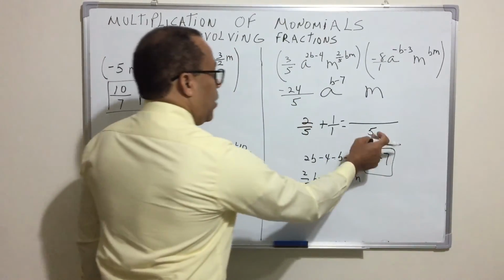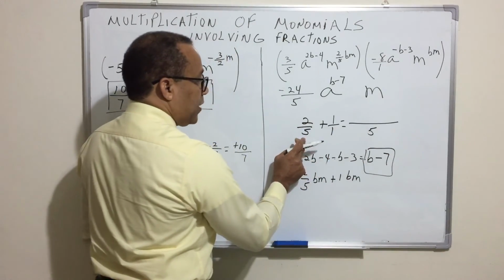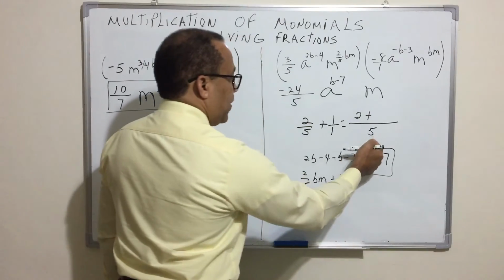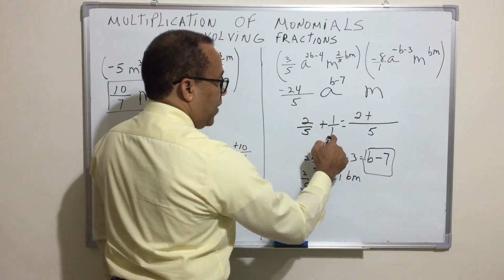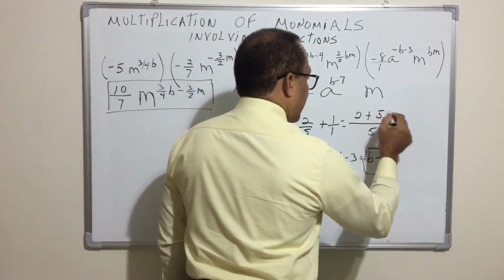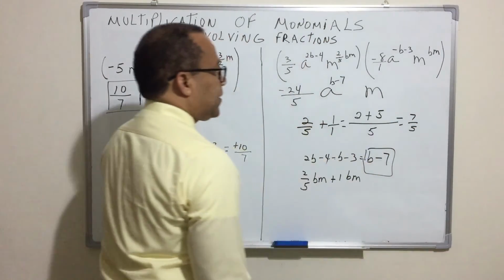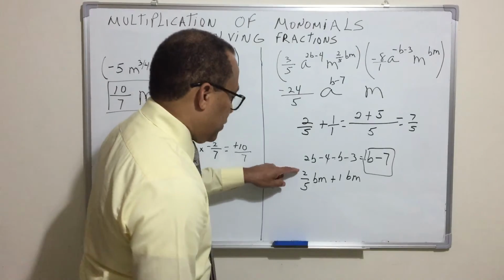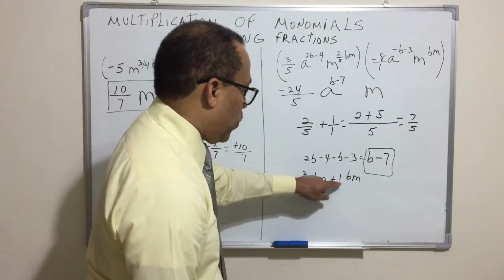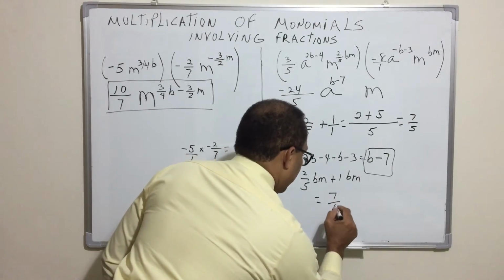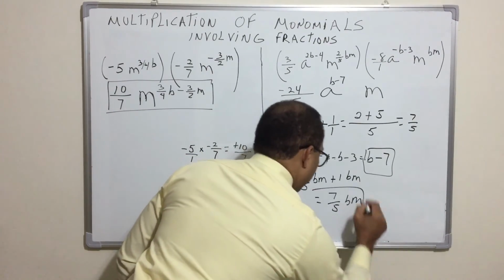Process. 5 divided by 5 is 1. 1 times 2 is 2. Plus 5 divided by 1 is 5. 5 times 1 is 5. 2 plus 5, 7/5. So the result of 2/5 bm plus 1 bm equals 7/5 bm.